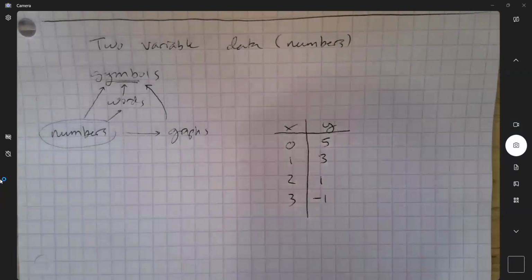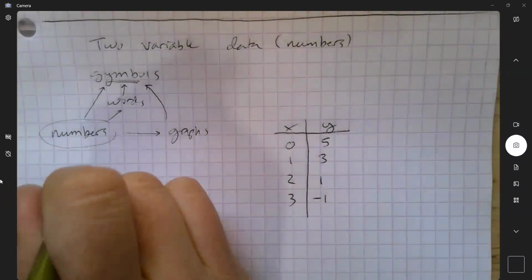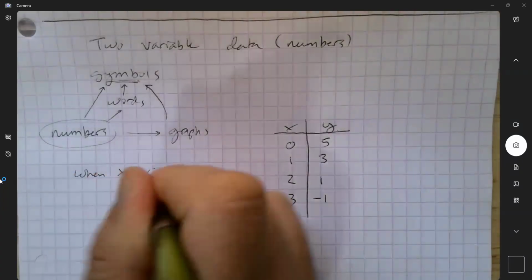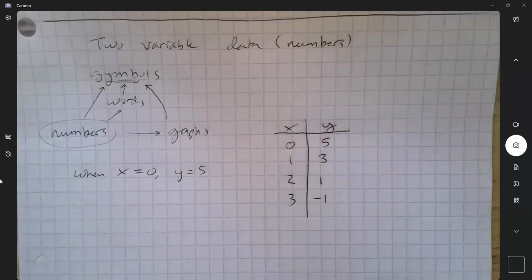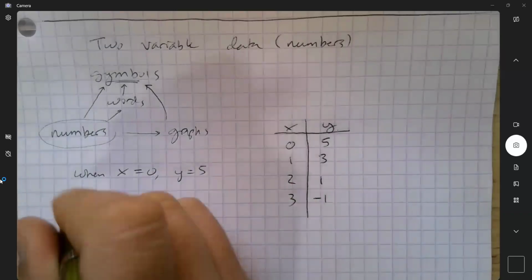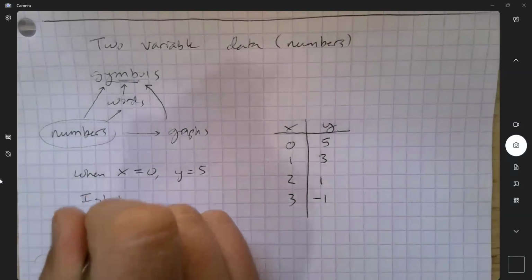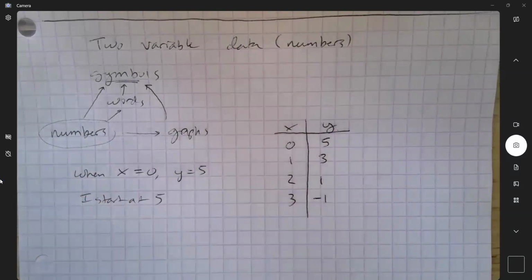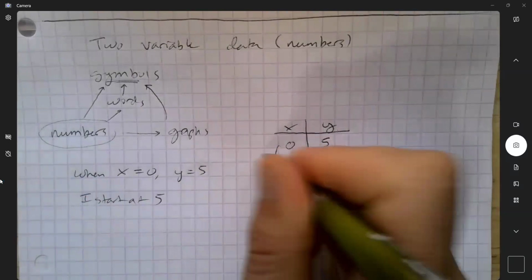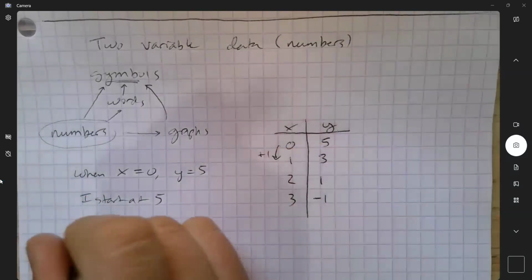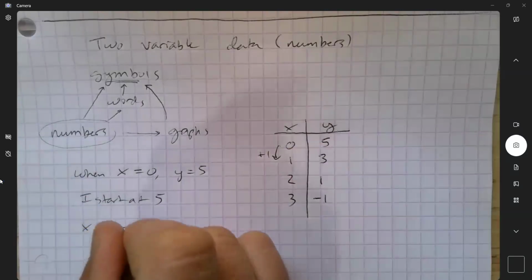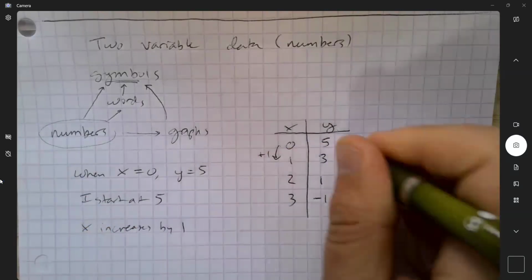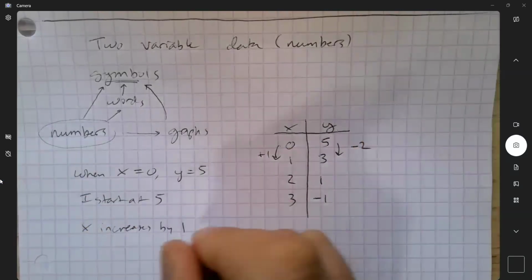Okay, so I look at this table and I notice that when x equals 0, y equals 5. So I'm starting at 5. And then I also notice every time x increases by 1, y decreases by 2.